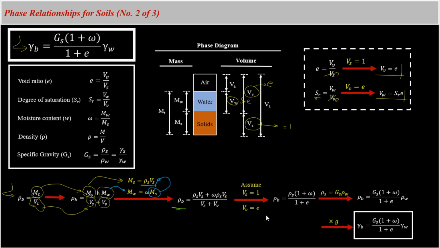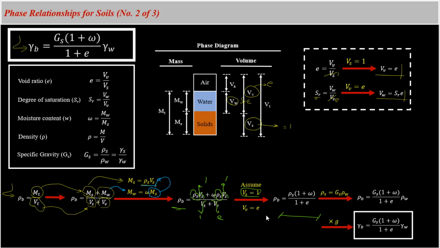And now it's time to make our assumption, that is, the volume of solids is equal to 1. So if we replace the volume of solids with 1, and also the volume of void with e, and also factor out the density of solids, we get here.